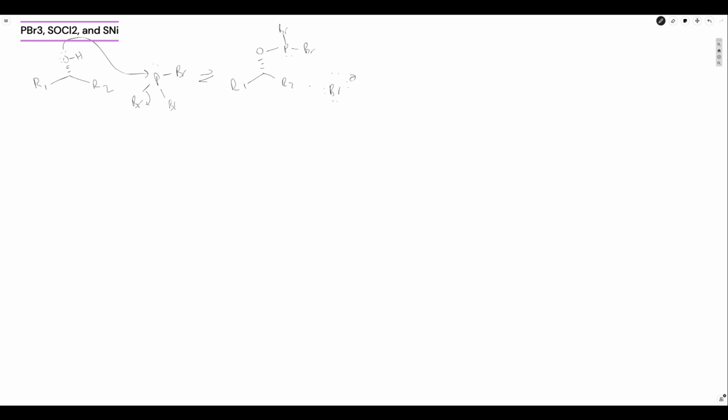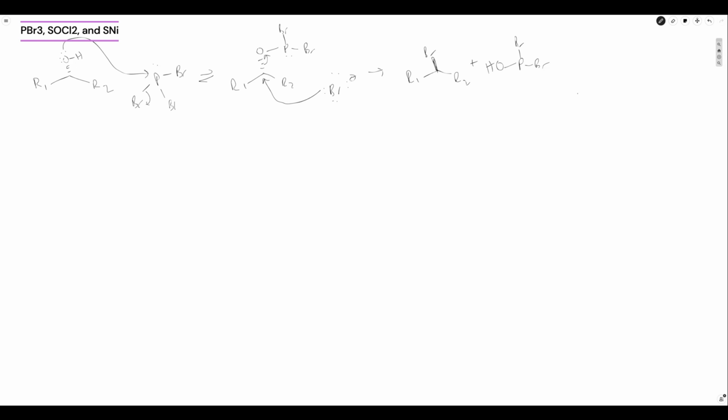And we get this. The bromide comes in and performs a backside attack. This gets displaced, and we get our product, which proceeds with inversion. Actually, we get this, and we can show the proton at this stage.